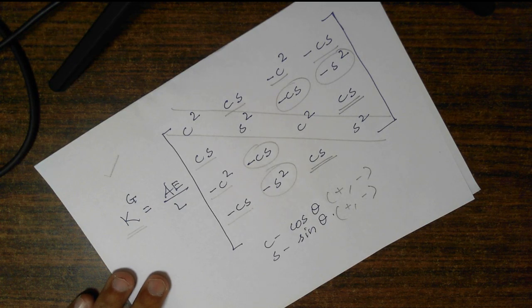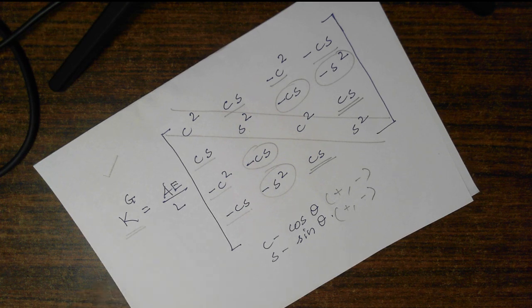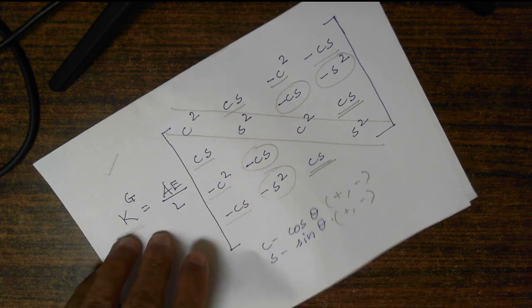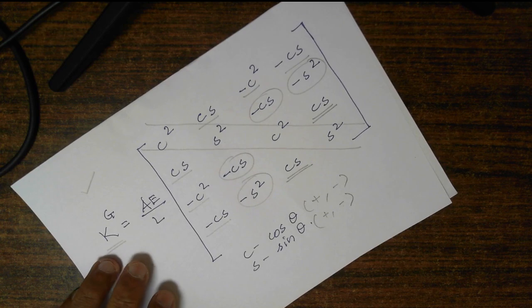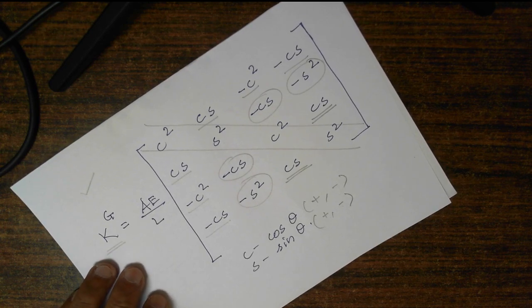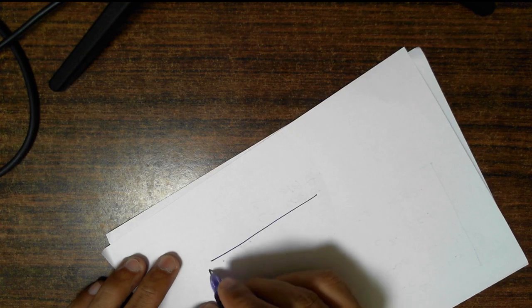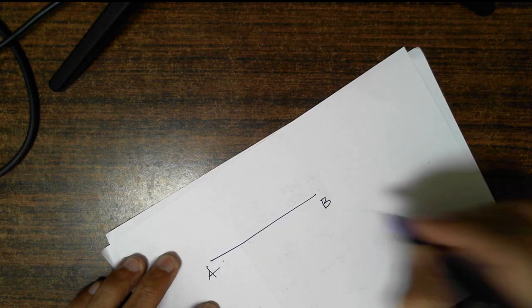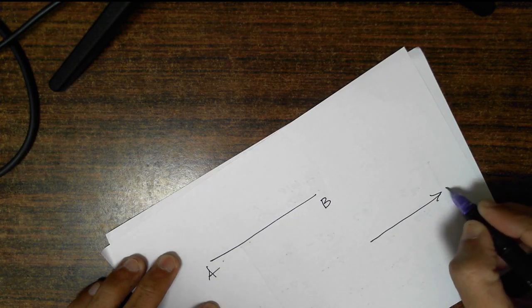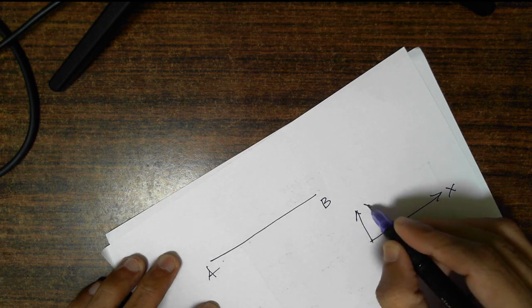Now consider a special case in which this element is directed in the global x direction itself. In our last discussion we have seen member AB. Let us say this is member AB, and let us say this is global x direction, this is global y direction.